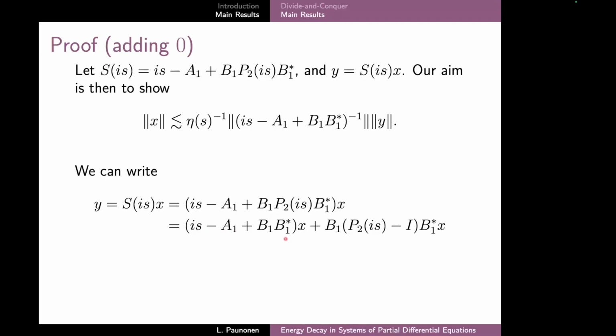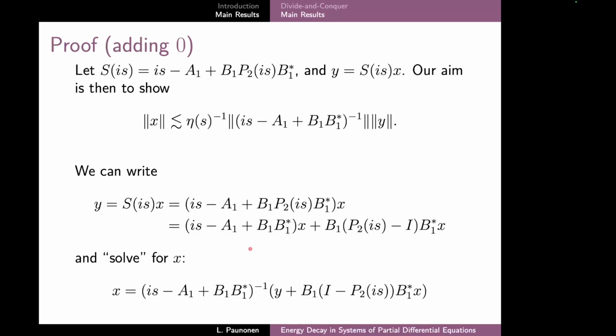And what we need to do to compensate is to also add another term which cancels the first term in the second equation, but this is completely fine. And now that we have assumed that this first operator here is boundedly invertible on the imaginary axis, we can, from this formula, solve for x from here.